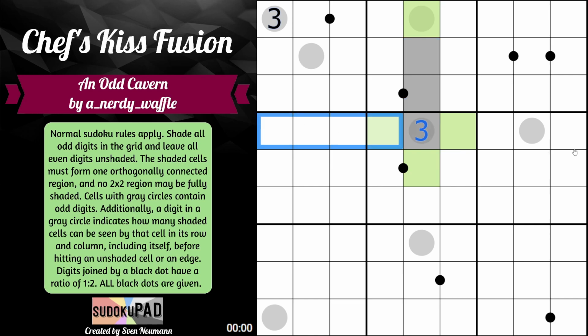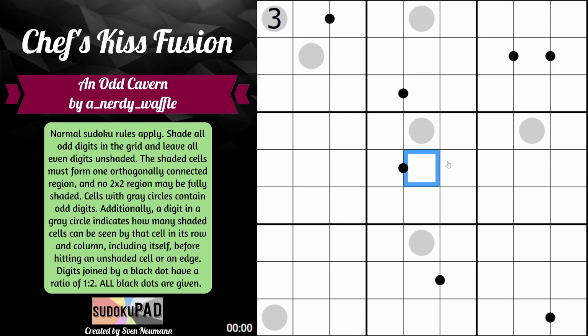So in its row, it sees 0 because it hits this unshaded cell, and it also sees 0 on this side. In the column, it sees 0 going down, but it sees 2 going up, and then plus itself is 3. So that's that rule out of the way, and hopefully that makes sense.